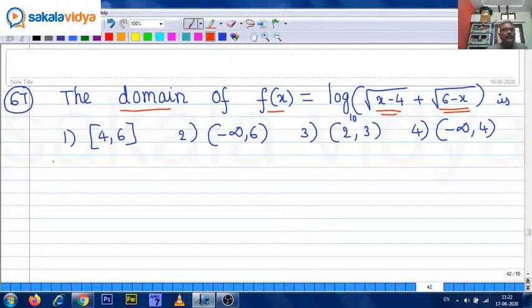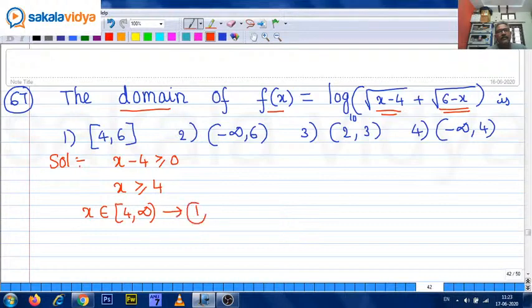To define this log function, x minus 4 must be greater than or equal to 0, so x is greater than or equal to 4. That means x belongs to closed 4 to infinity. This is the first part. Second part.